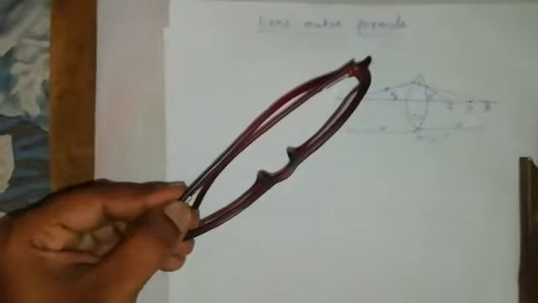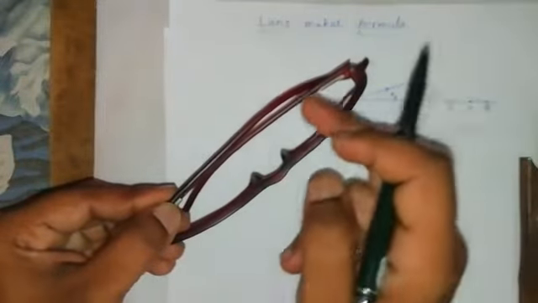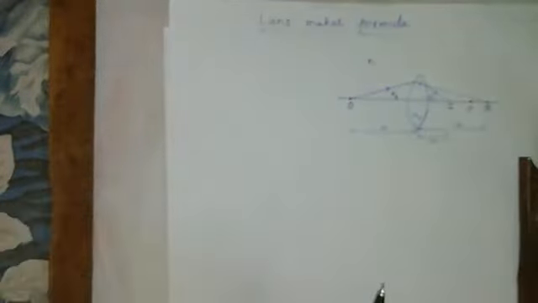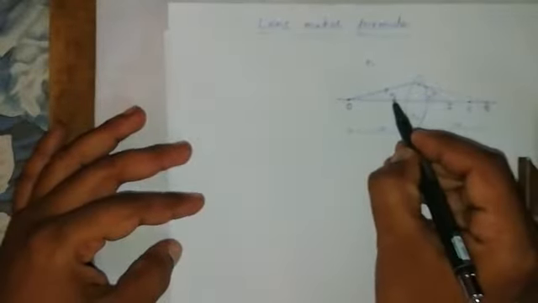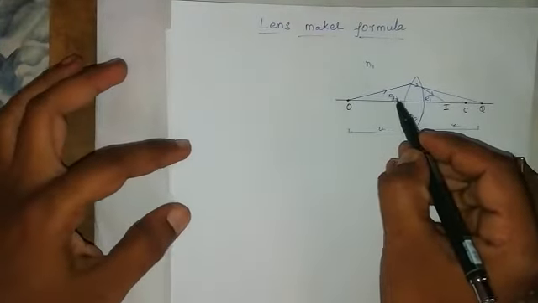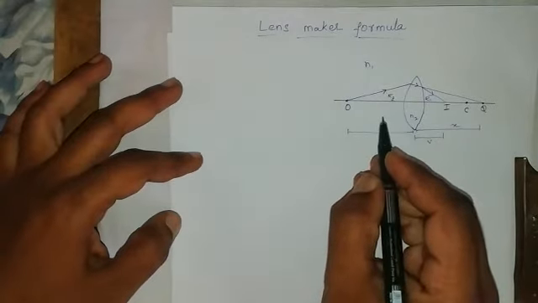If at all it's a biconvex or biconcave lens, the curved nature here or here won't be equal. So if R1 and R2 are not equal, then how do we calculate the focal length of the lens?